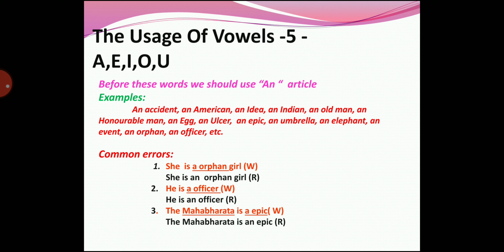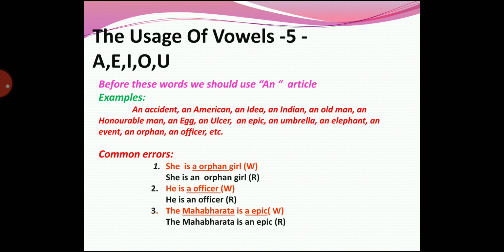She is a orphan girl. It is wrong. So, she is an orphan girl. Why? Because before AEIOU, the rule is applicable. Sometimes these are given in certain competitive exams also, not only spoken wise, but also written wise or competitive wise. For us, it may be a simple thing, but practically, it is very important.